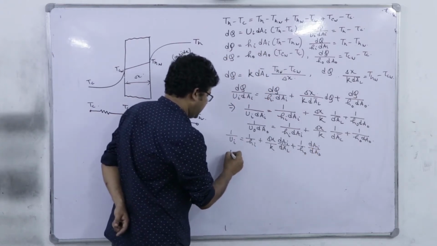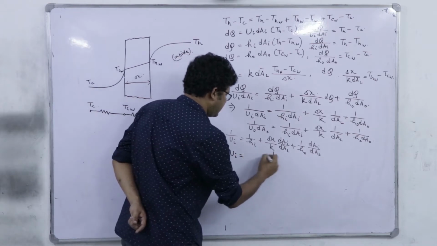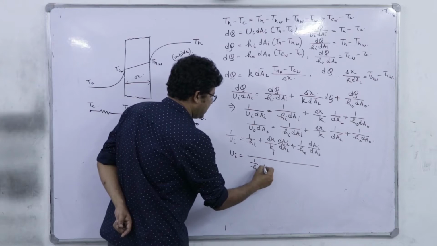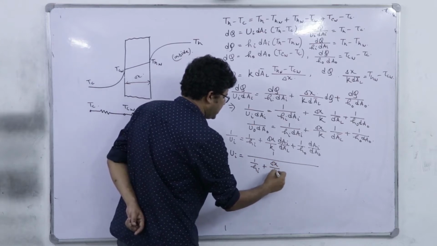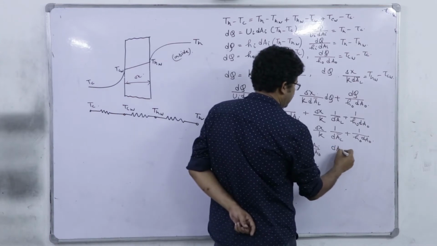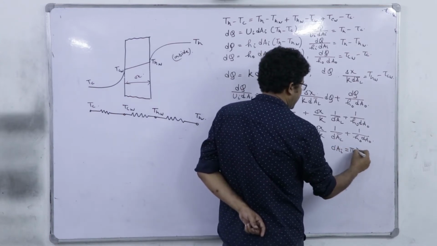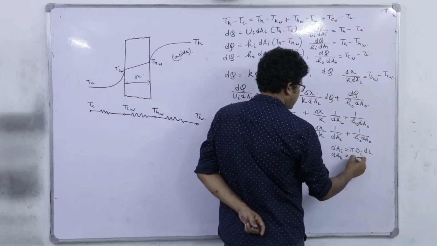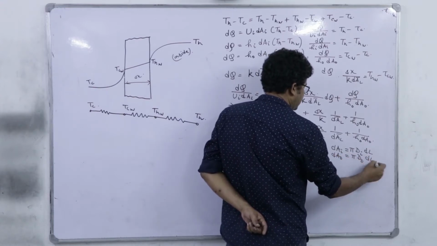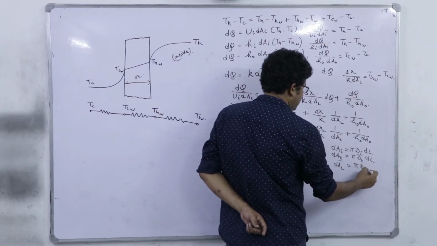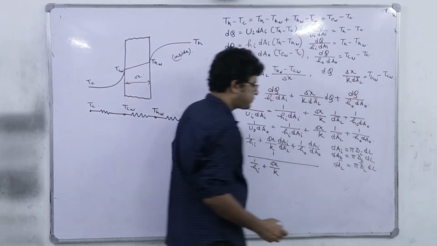So fundamentally UI becomes 1 divided by 1 by HI plus delta x by K. Now you see, dAI is equal to pi DI into dL. dAO is equal to pi into DO into dL. dAL bar is equal to pi into DL bar into dL.